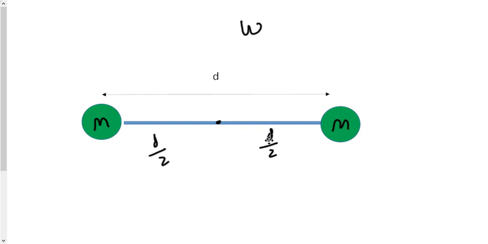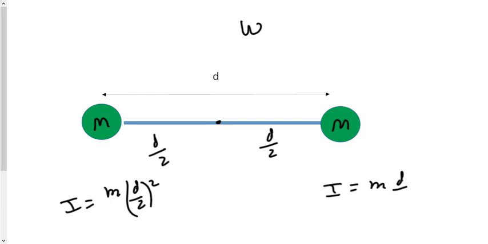So if I want the total moment of inertia of the system, I'm going to have to deal with each of these things here. So these are point masses going around somebody else. So this is going to be equal to m (d/2) squared. So that's what I is going to be for that one. And of course, this one's going to be I equals m (d/2) squared.